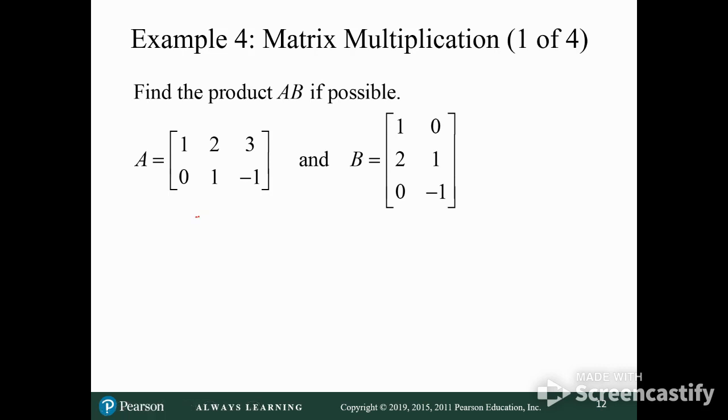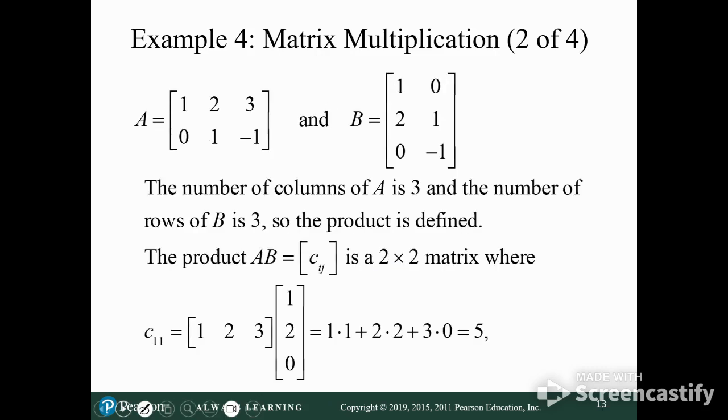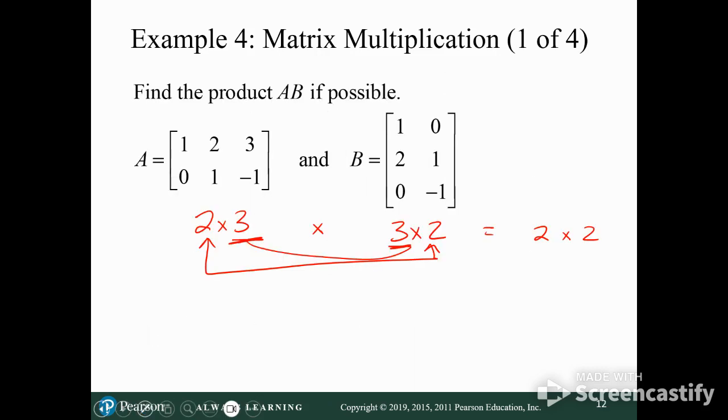Since this is a 2 row by 3 column matrix and a 3 row by 2 column matrix, when you multiply these together, you'll get a 2 row by 2 column matrix. The outsides are what your final matrix will be. The insides must match or you cannot multiply them. The inside numbers must match or there's no multiplying them.